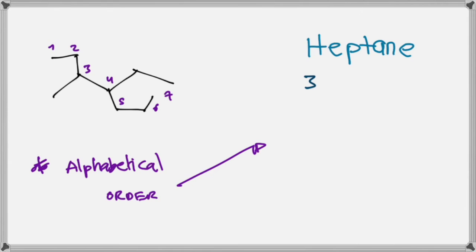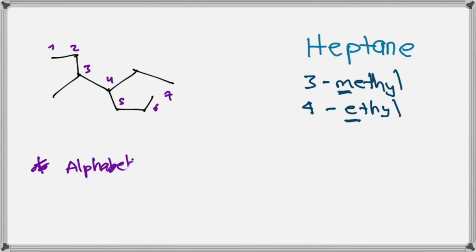It's going to be 3 methyl and a 4 ethyl. And at the end, we should stick by first naming the E, the ethyl, because it has the lower letter, and then the M, right?